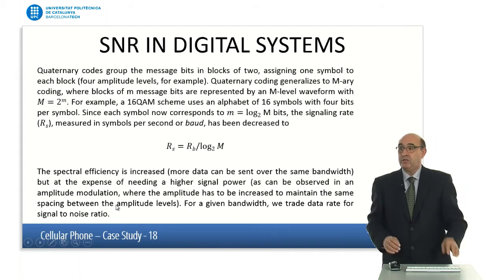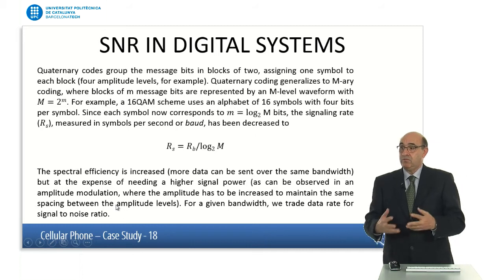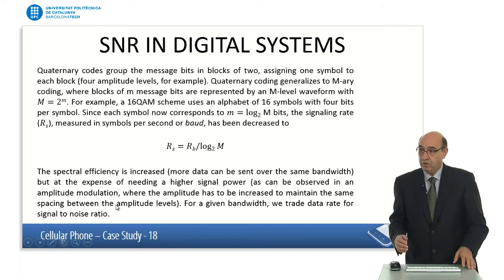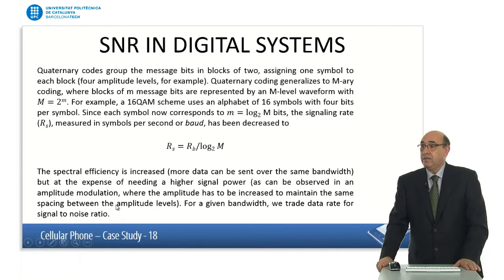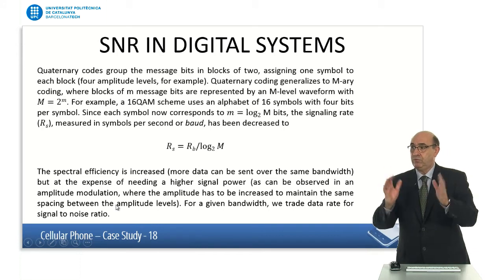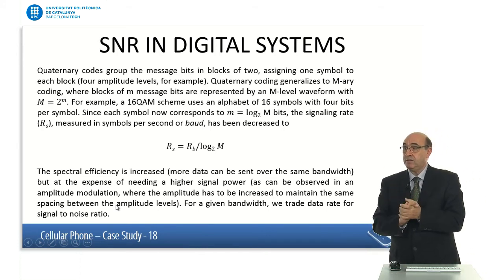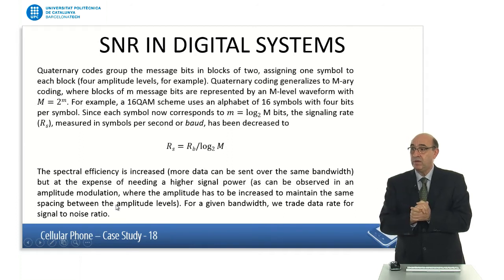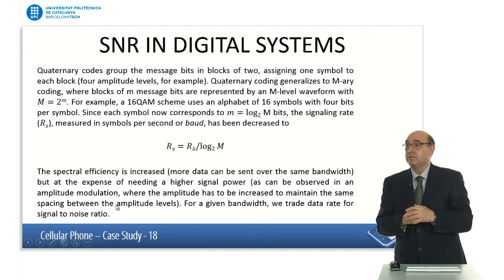But this is not the only type of code we can use. For instance, before we commented on QAM, quaternary codes, where a block is just a block of two bits, and we assign one symbol to each one of them. For instance, it could be 4 amplitude levels.